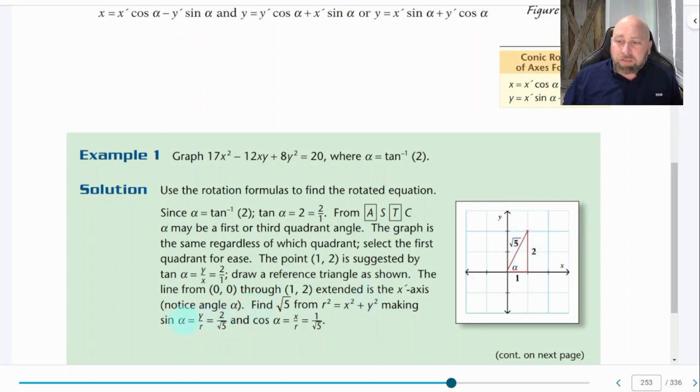Now, the other thing that's important is that now we know what the sine of alpha is. Because if we go back up here into our table, into our formula, we need to know sine of alpha and cosine of alpha to make this work. So with our rotated axis, we're taking this axis right here and rotating it up, so now the x is going to be on this square root of 5, this hypotenuse.